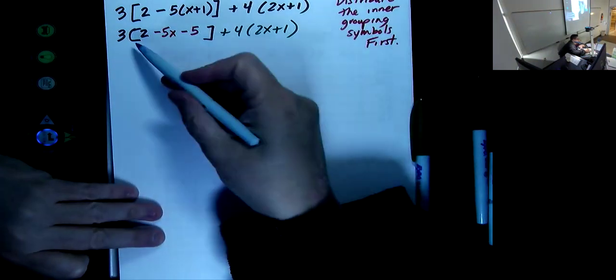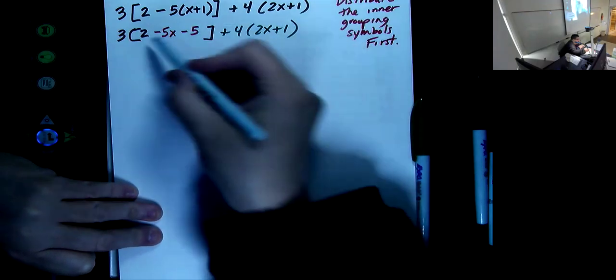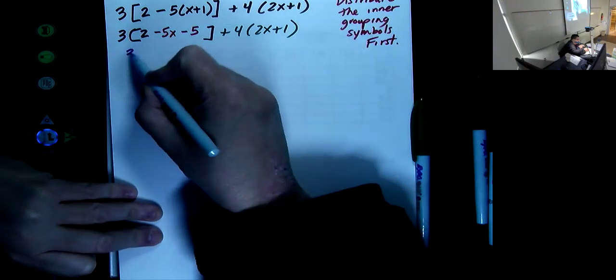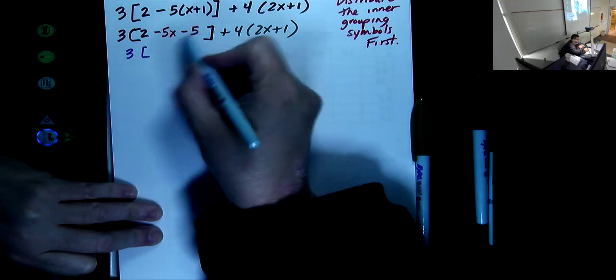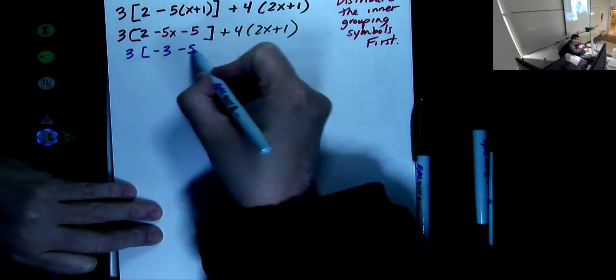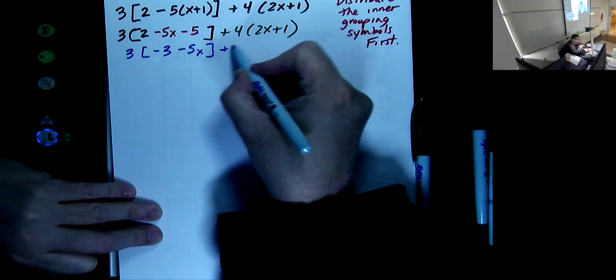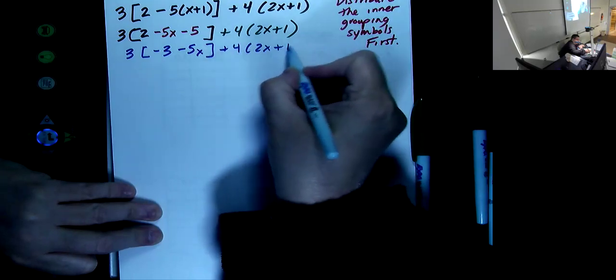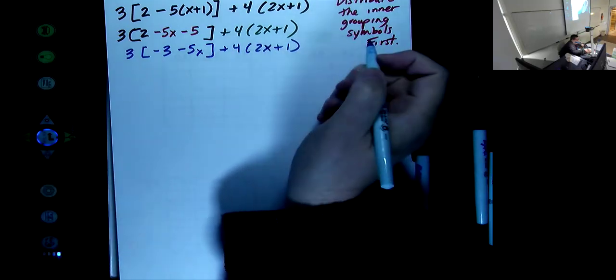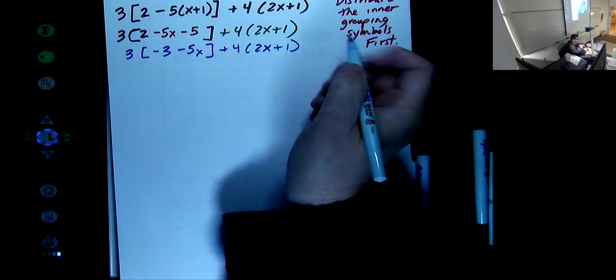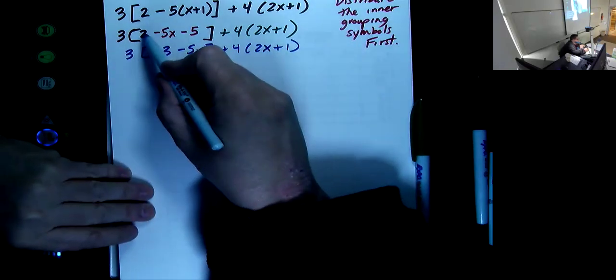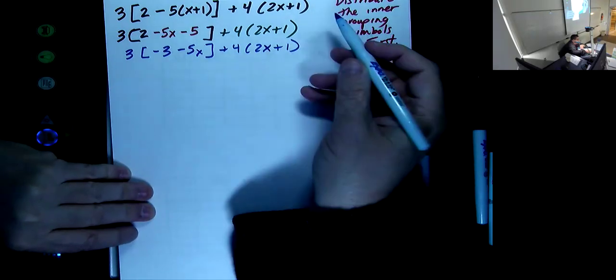You could choose to combine this first. 2 minus 5 is -3, which is probably technically the correct way to do it. Or you could distribute the 3 to the 2 and the 3 to the -5 and add them up later on.